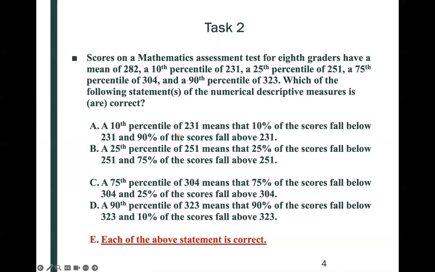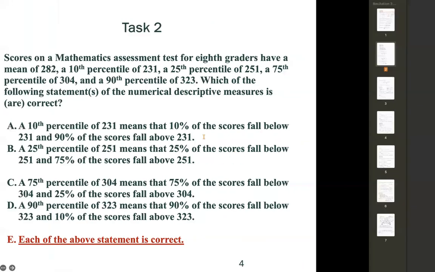That's essentially what A is saying, where 10% of the scores fall below 231 and 90% fall above 231. So A is correct. Next, B.